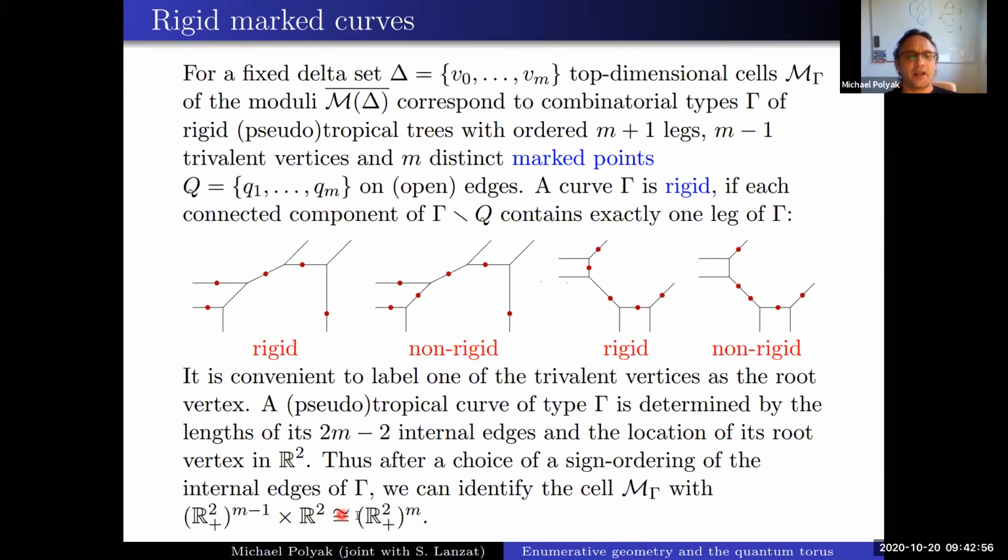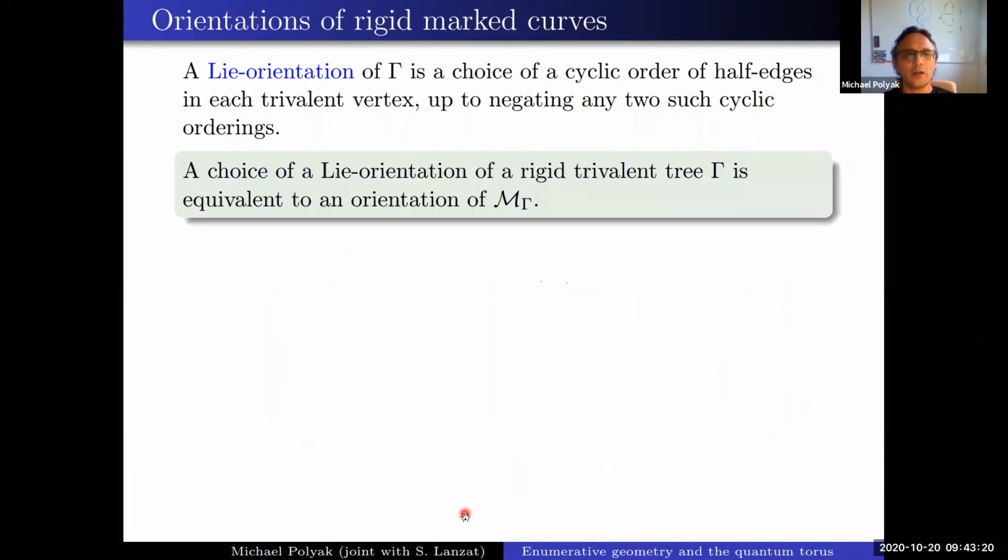Now, to identify this cell honestly with this Euclidean space, you should fix an ordering of these internal edges, and this ordering can be changed by an even permutation. So it's called the sign ordering of the internal edges. Another way to order this set and to identify our cell with this Euclidean space is to choose, instead of this ordering, a Lie orientation.